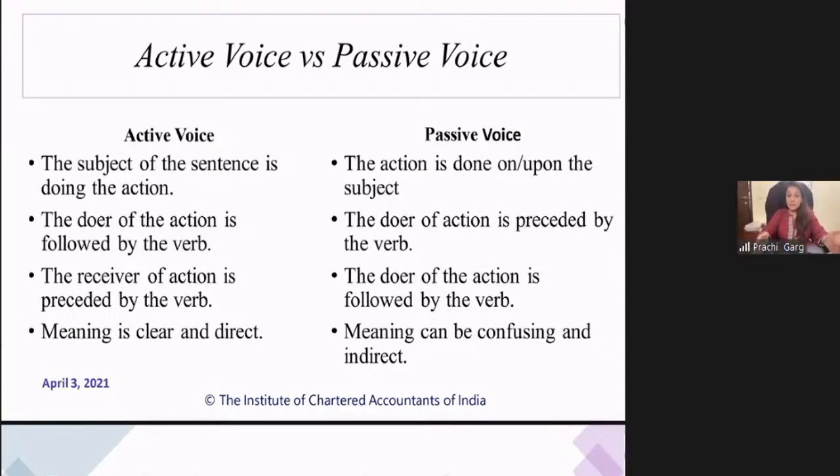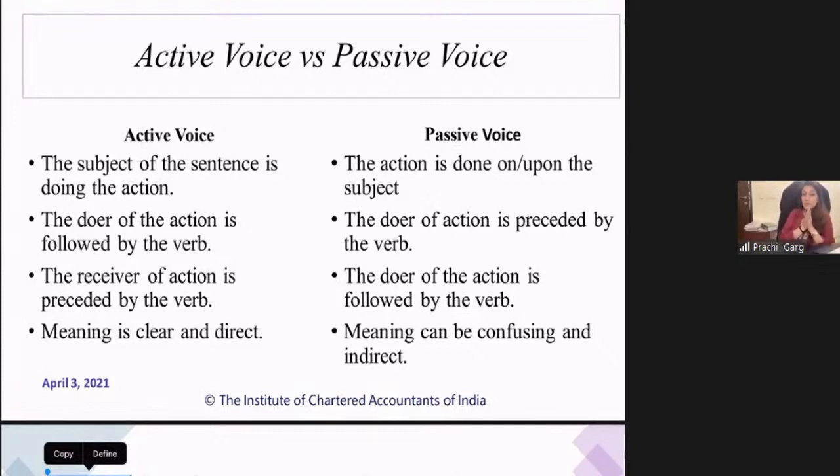In passive voice, the doer of the action comes after the verb. The receiver of the action comes after the verb in active voice, and in passive voice, it comes before the verb.